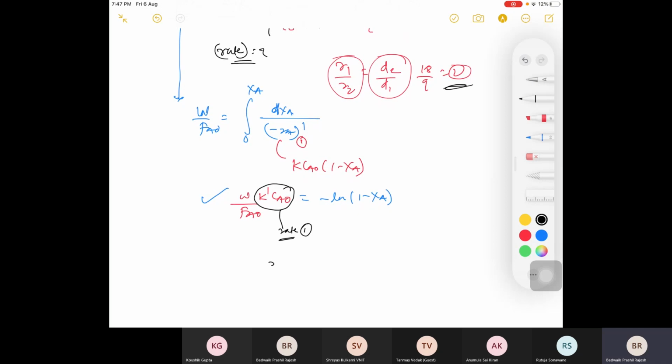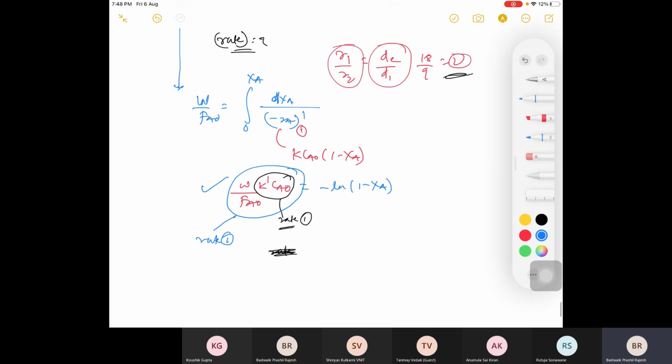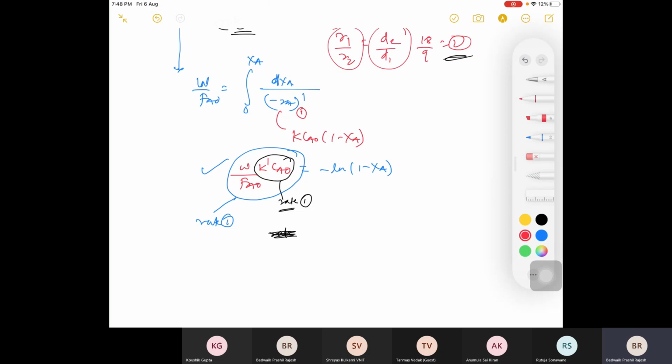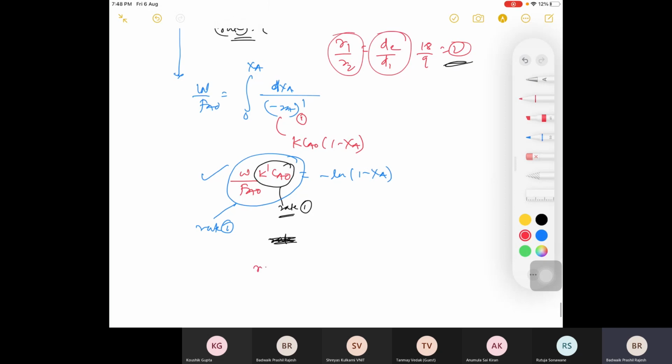So can I consider this whole value as rate 1? Rate 1, just because here it is divided by 2 multiplied by 2, so rate 1 for catalyst 1. If I'm considering this as rate 1, you know the formula, rate 2 upon rate 1 is equal to 18 by 9, right?